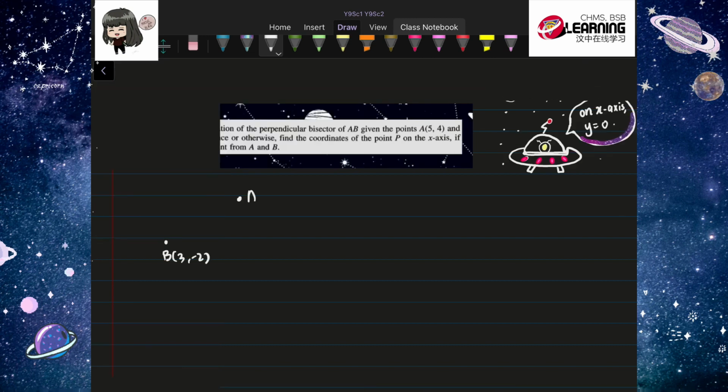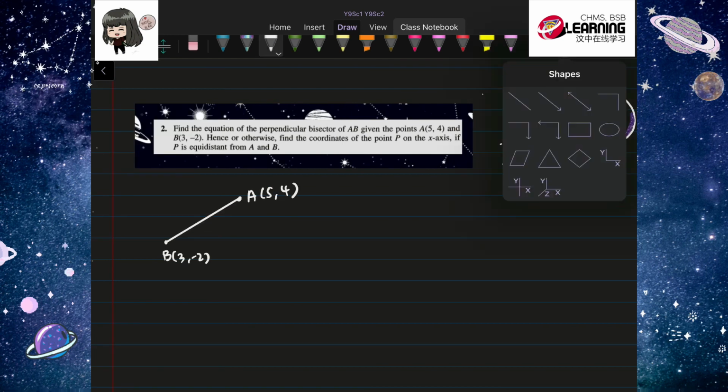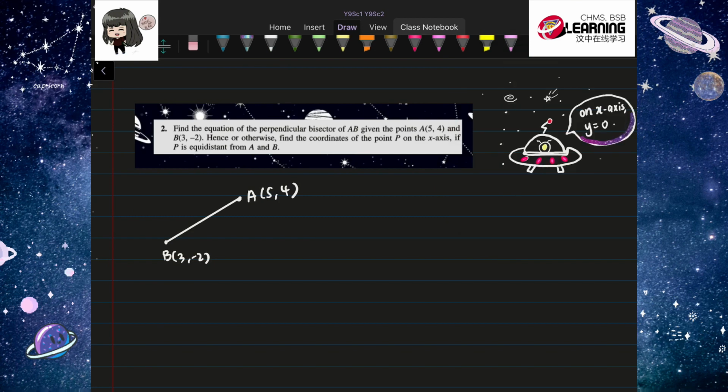And your A is here, 5, 4. So this is your line of AB, and the perpendicular bisector is the line that cuts it into half. Cuts into half, like that. So this is the equation that they ask you to find. The equation of the perpendicular bisector means this is the equation that they want you to find.